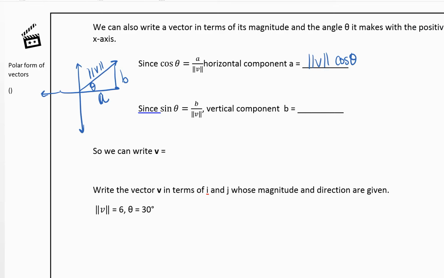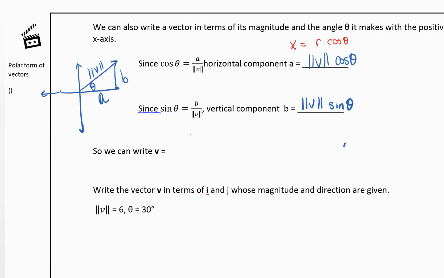So when we were talking about polar form and rectangular coordinates, we had x equals r cosine of theta. Same exact thing. We're just now calling the x our a and the magnitude instead of r. And for our vertical component, we would have the magnitude times sine of theta.